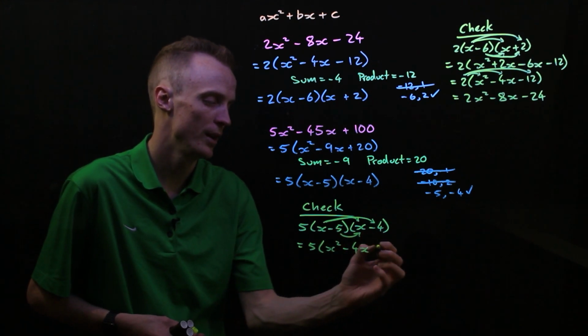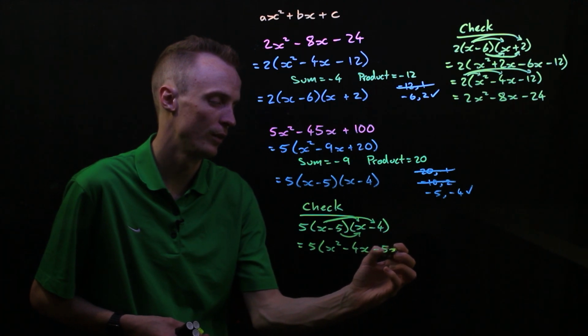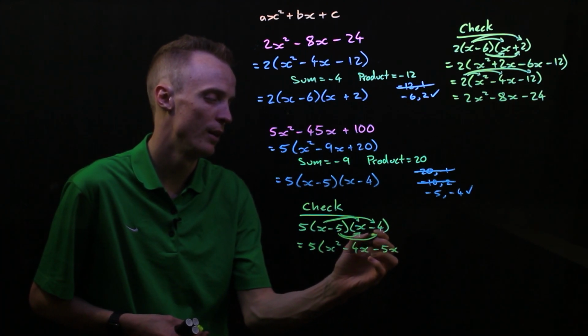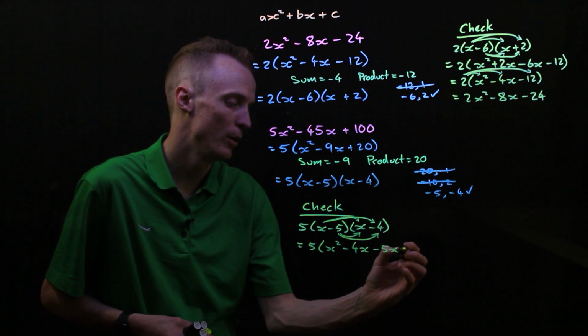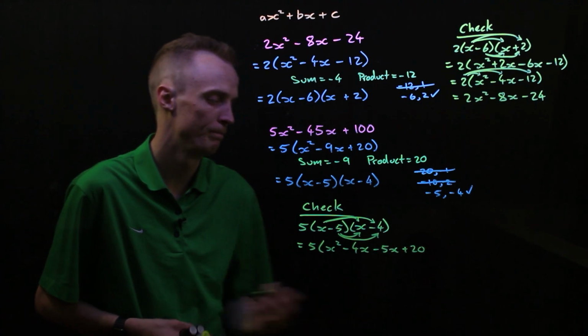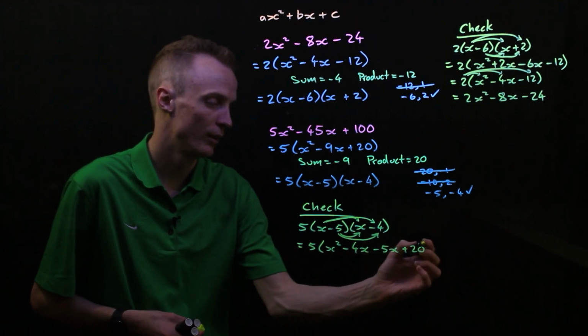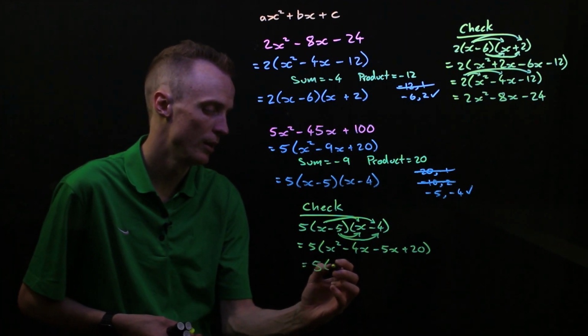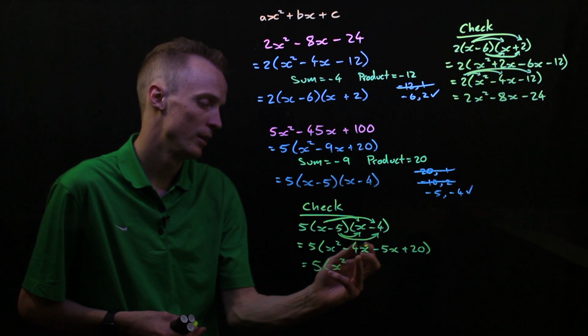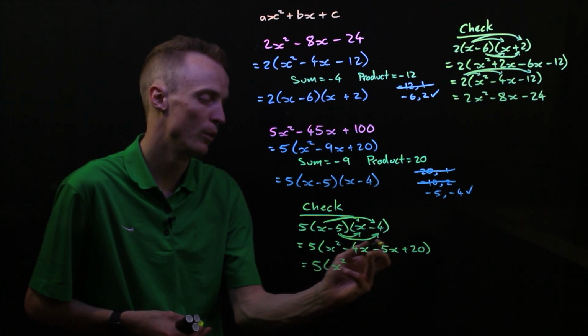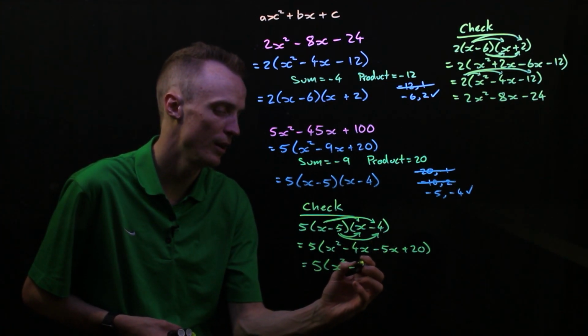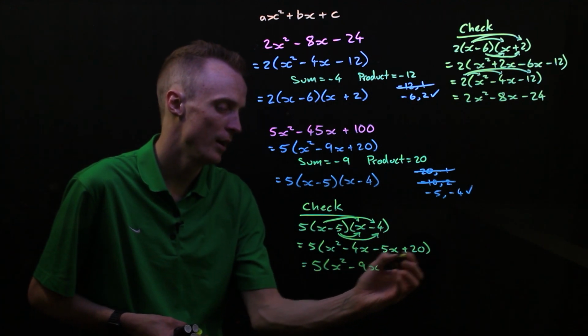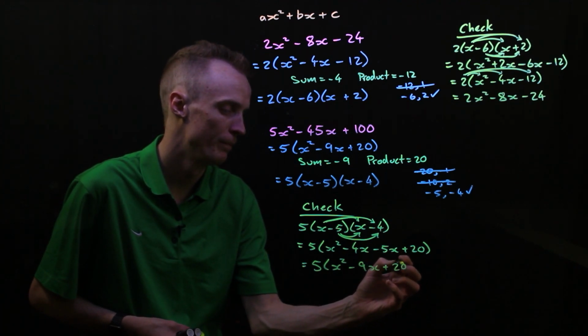Negative 5 times x will be subtract 5x. And negative 5 multiplied by negative 4 will be positive 20. So now let's collect the like terms here. So this will be x squared. These two are like terms, so negative 4 take 5 will be negative 9x. And then add my 20 at the end.